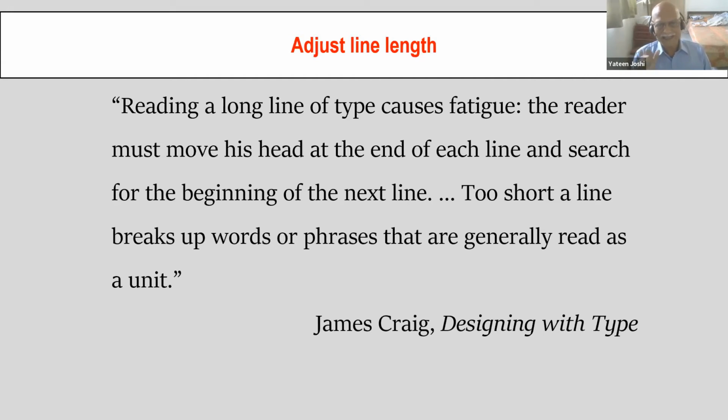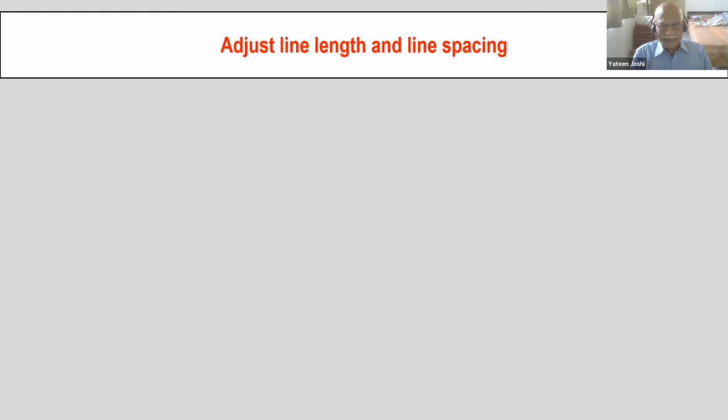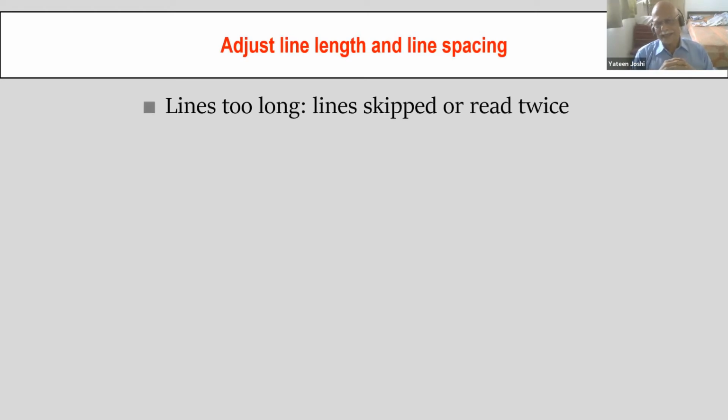So short lines in newspaper columns are fine, but for any immersive reading, they're not particularly suitable. So line length, and to some extent line spacing, because line spacing also has to do with the overall page gestalt, that if the lines are spaced too close together, you see a very dense looking page, which might be off-putting to begin with.